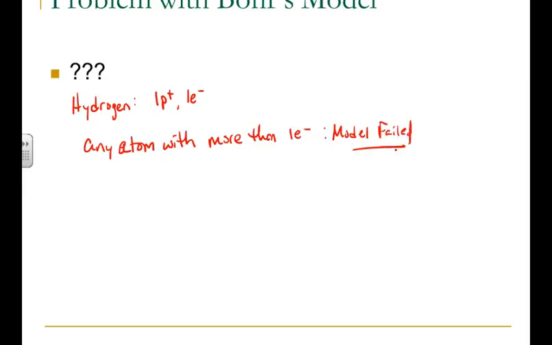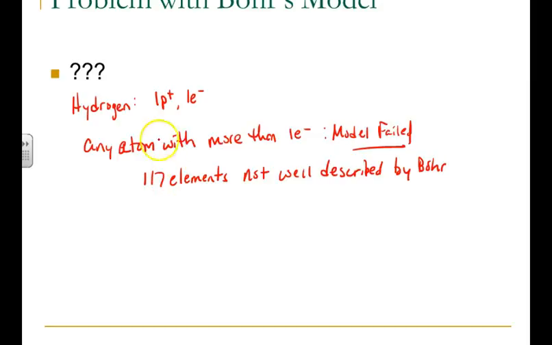Didn't work, didn't make predictions. So this is a pretty big problem when you consider that, not at Bohr's time, but at this point we have 1 hydrogen, that's 1 element, and we have 117 elements not well described by Bohr.